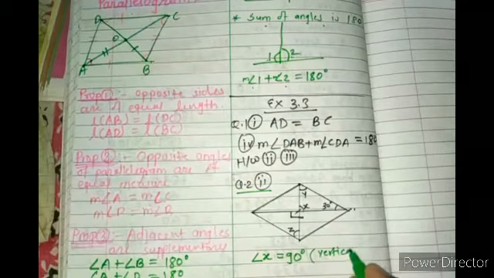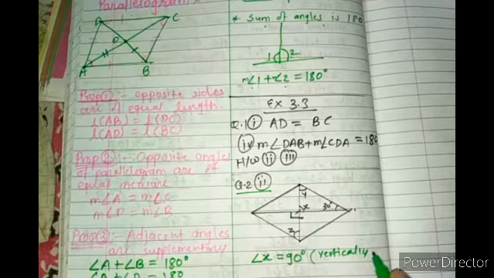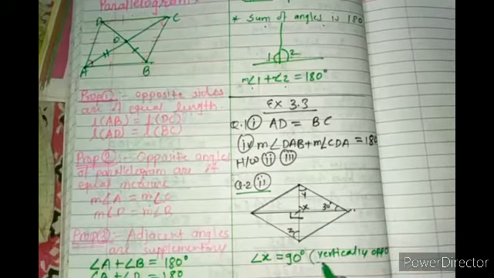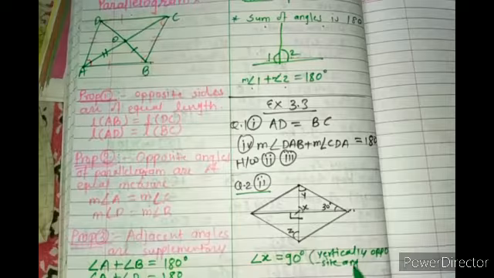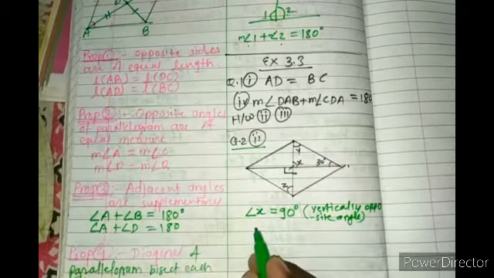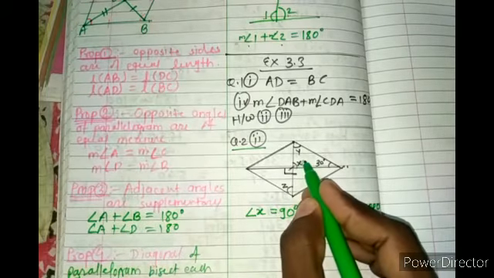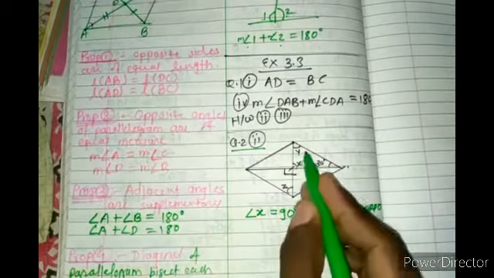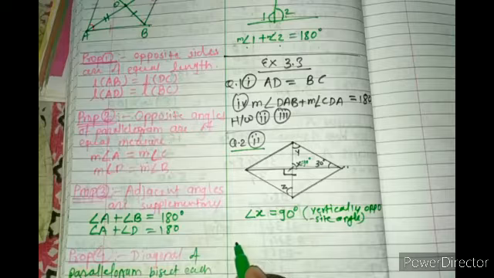So I can write vertically opposite angles. For every answer you have to write the reason in bracket. After that, this x is 90 degree. So we can apply here the angle sum property of triangle.